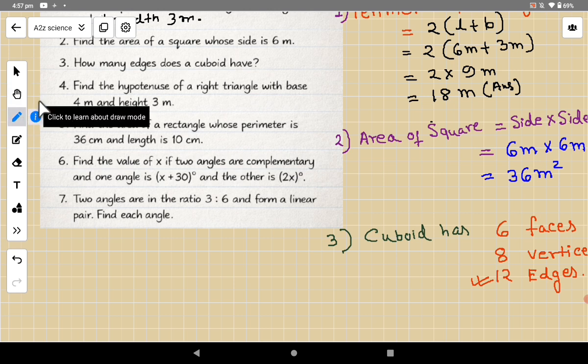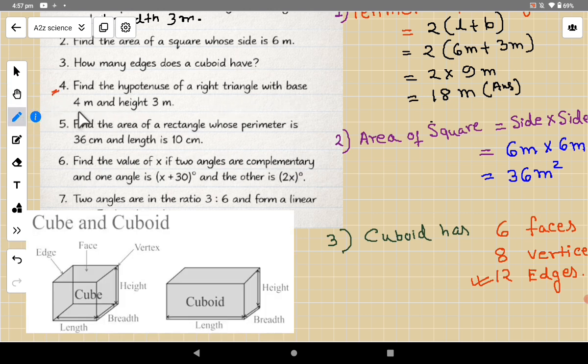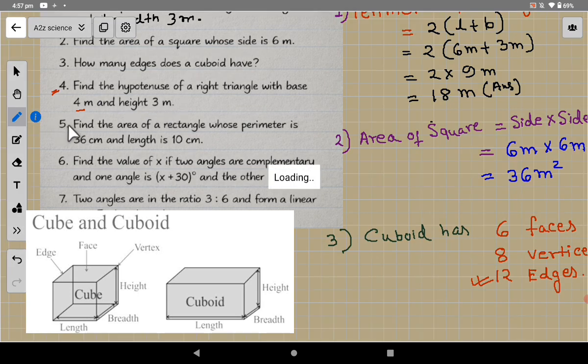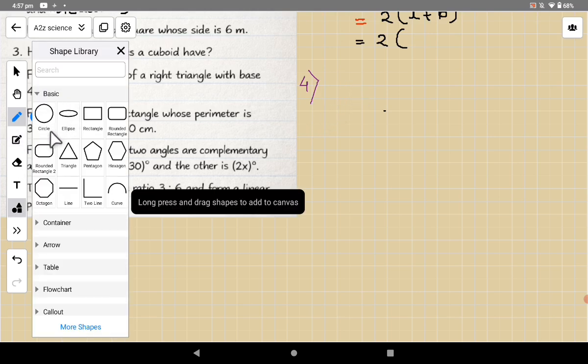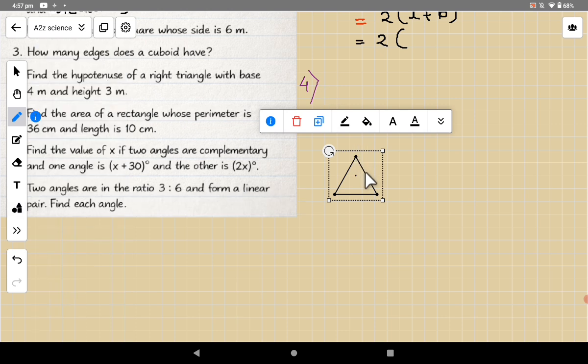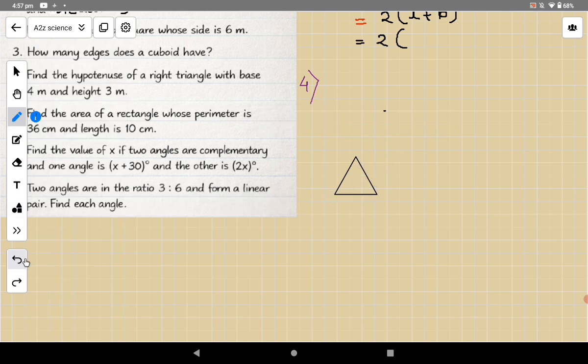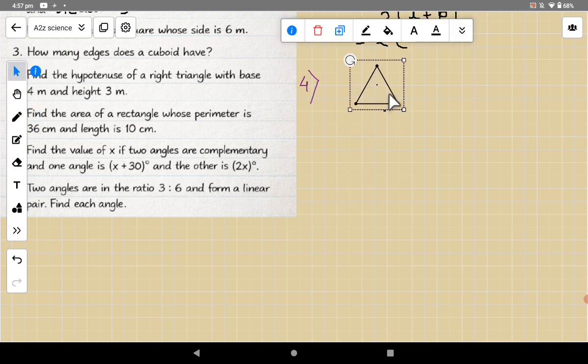Fine. Next question. Find the hypotenuse of a right triangle with base 4 meter and height 3 meter. See, whenever you see a right angle, immediately think about the Pythagoras theorem.